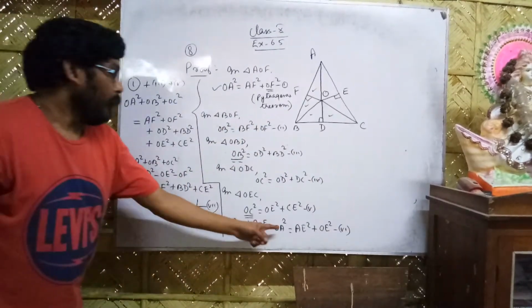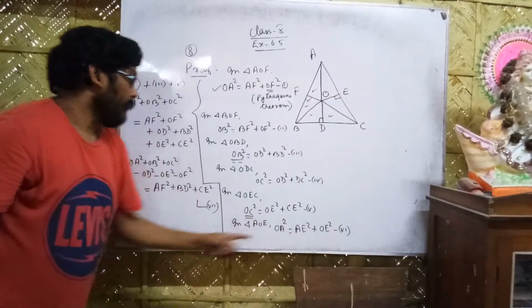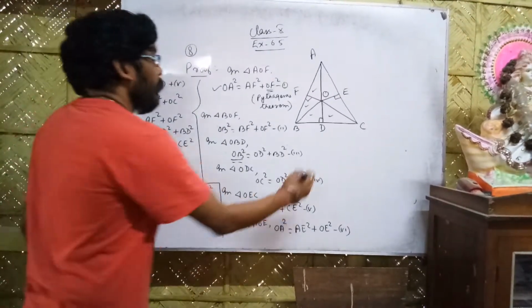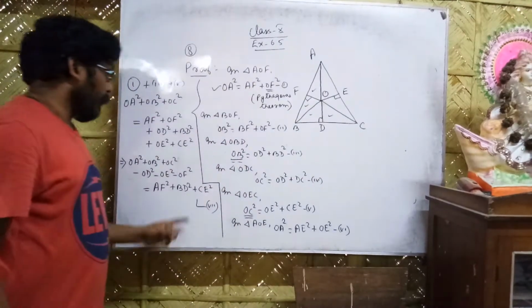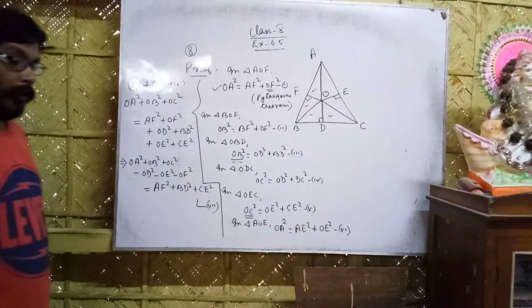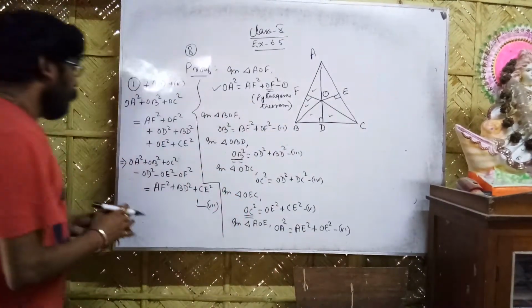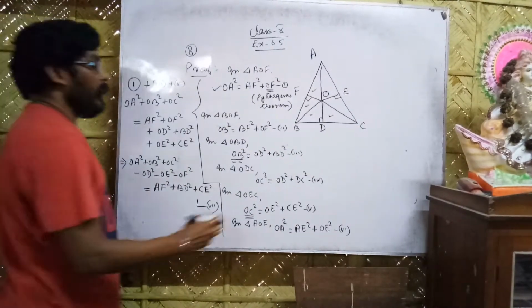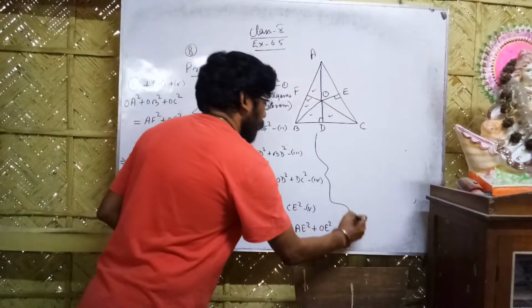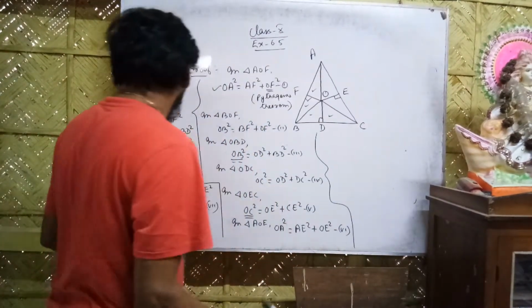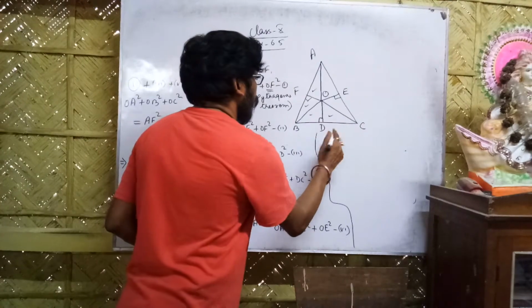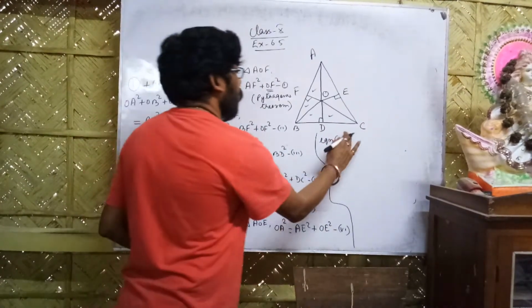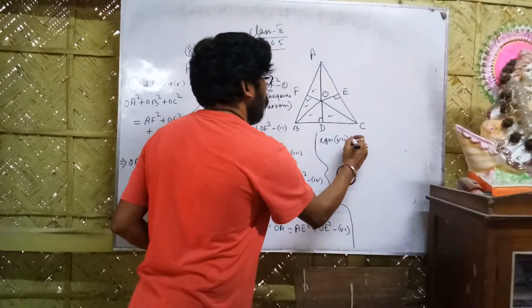Now see, OA square minus OE square will give what? AE. So OA and OE you combine. Now for Roman number 2, write equation 7 implies.